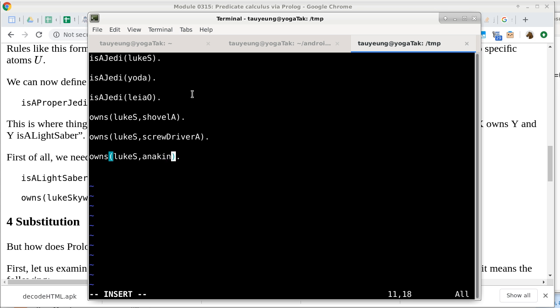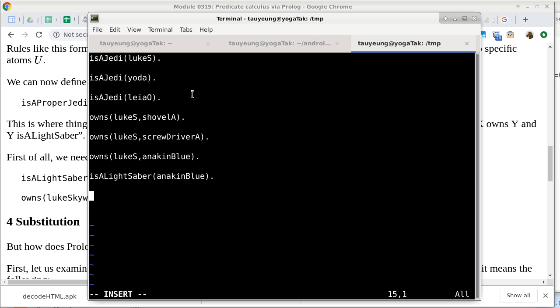A-N-A, Anakin Blue. Okay. But we also know that only one of these three is a lightsaber. Is Anakin Blue. Now you can add additional predicates to tell people what a screwdriver is or what a shovel is and so on, but we are not going to do that, because it's not really adding to our discussion.